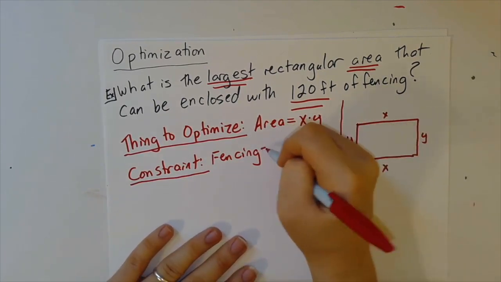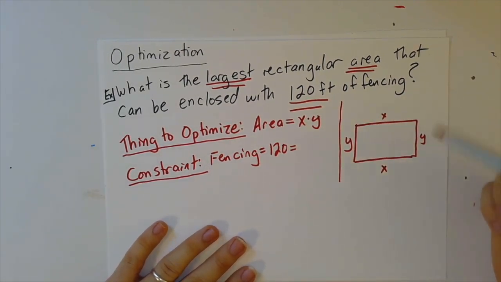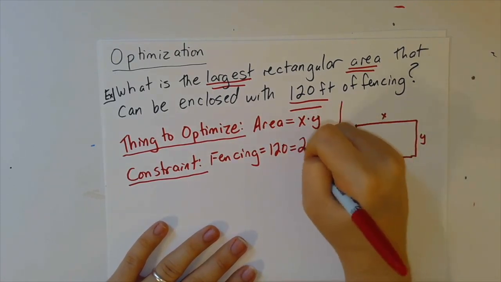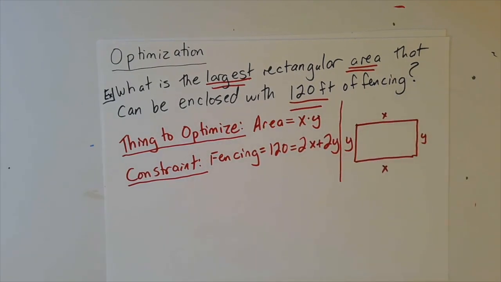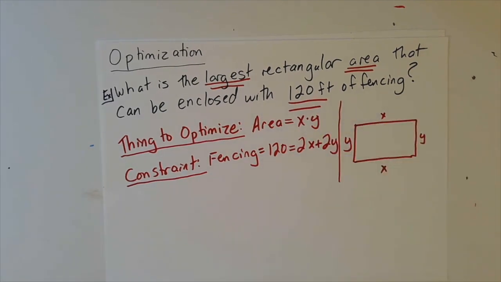And the fencing, well, I have 120 feet of fencing, and that's going to be x plus x plus y plus y, or 2x plus 2y. So that will give us our constraint. So I'm going to use these two pieces to solve the problem.